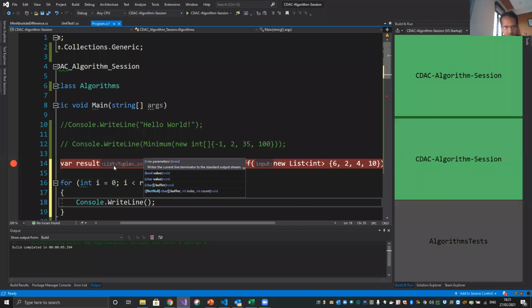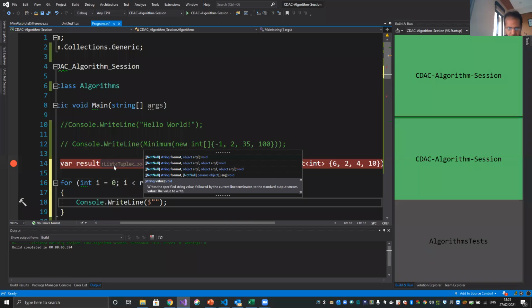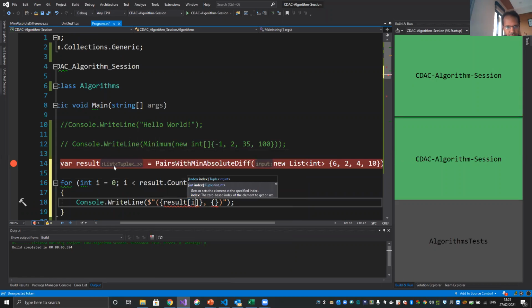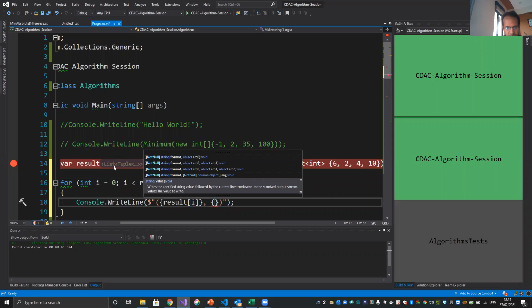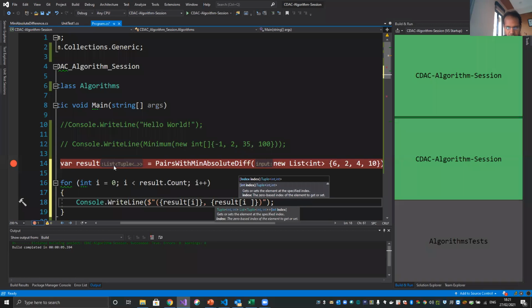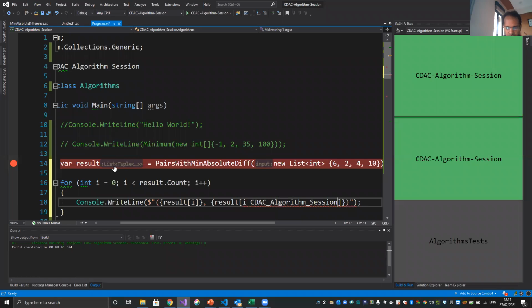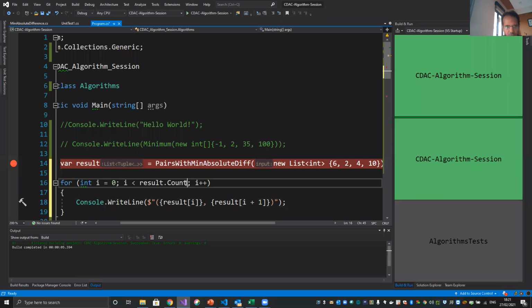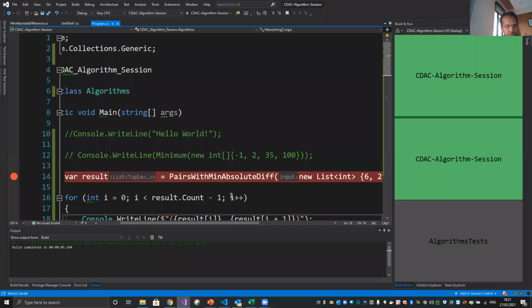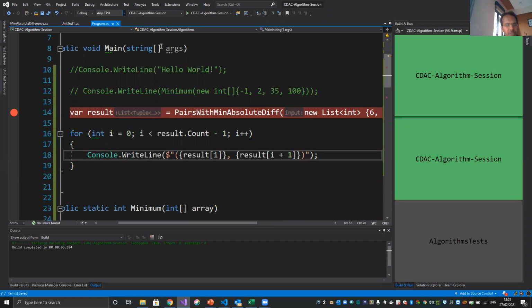So we say dollar and this and this, comma this. We say result of I, comma result of I plus, sorry, I plus 1. Which means I can't go up till count, because after count there will be nothing. So we can now run this and hope for the best.